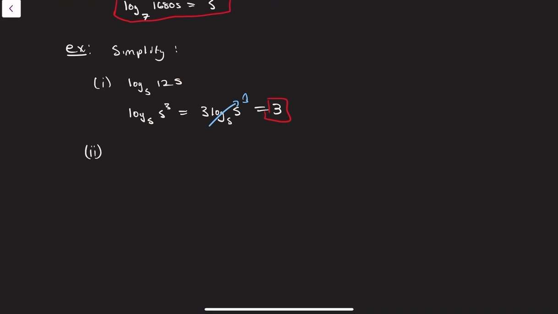So for the second example, we have log with base 1/4 of 16. Well, what can we do in this case? Again, we want to have it in a form such that we're able to get rid of this logarithmic term.